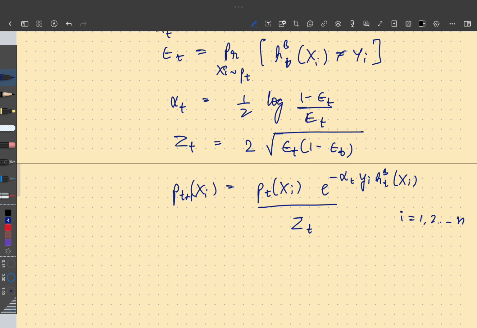So you now modify the probabilities of all of the data points according to this particular rule.